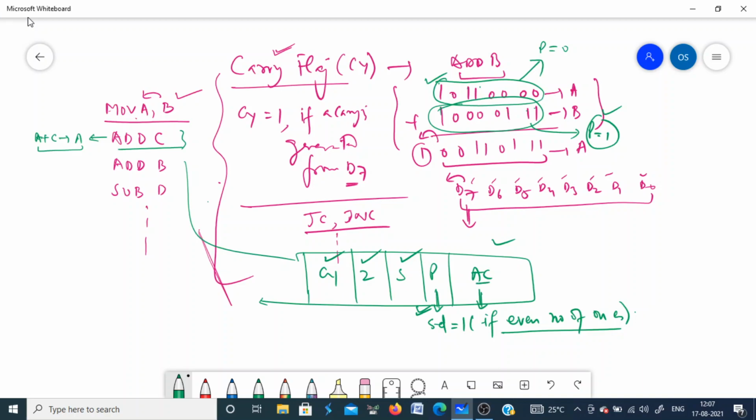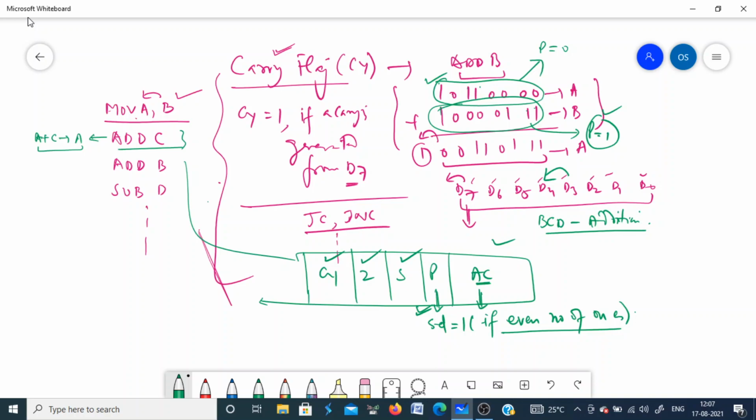And auxiliary carry is set when, during some arithmetic operation, there is a carry from D3 to D4. It is generally used for BCD addition, binary coded decimal, the way we add BCD numbers.